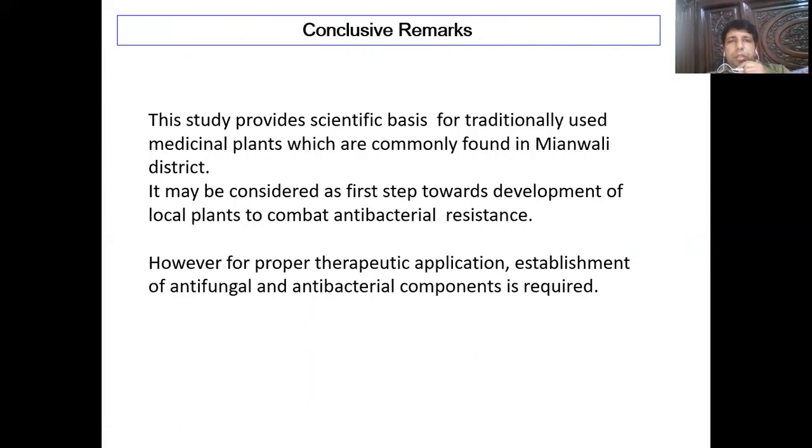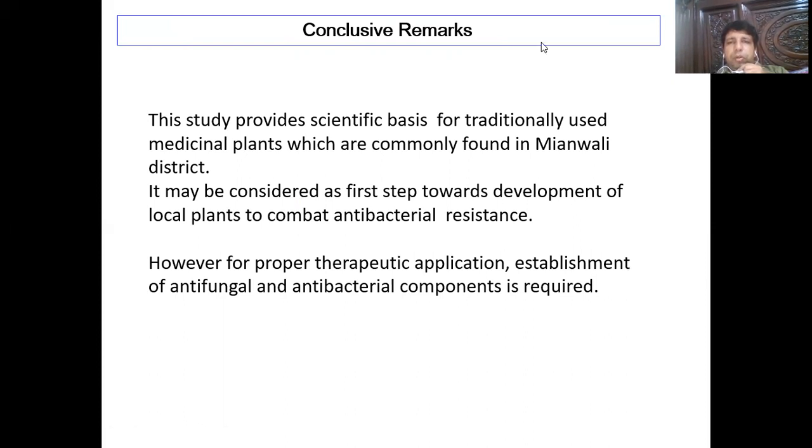In the end, I will give some concluding remarks: this study was purely in vitro, and this can be considered as a first step towards development of local plants to combat antimicrobial resistance. We have also decided that we will study it more.